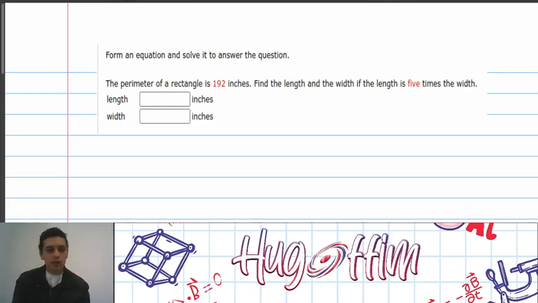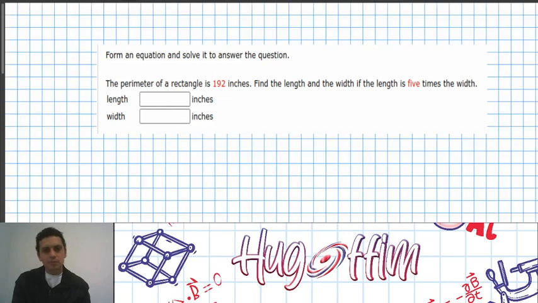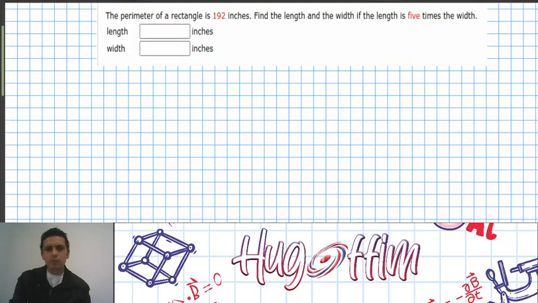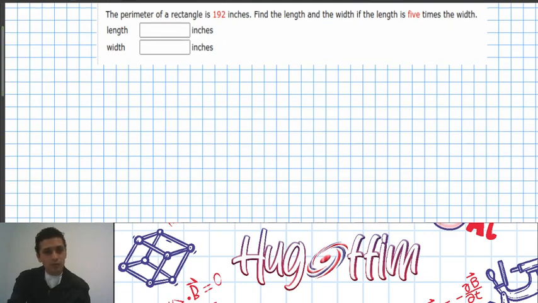So first of all, I'm going to put squares in my paper, and I'm going to do my rectangle. So my rectangle is a rectangle whose length is 5 times its width. So I'm going to imagine that, let's say that this is the width, 2 squares, and if it says 5 times its width, so I'm going to do 4, 6, 8, 10.